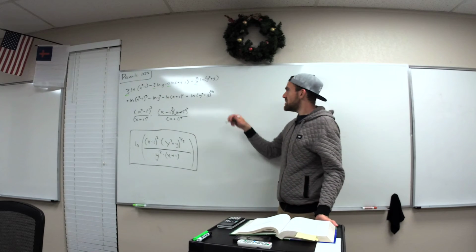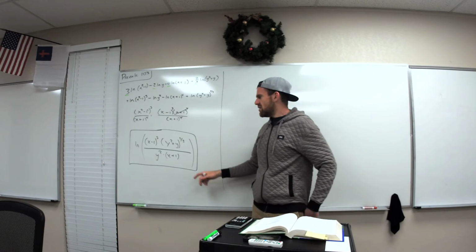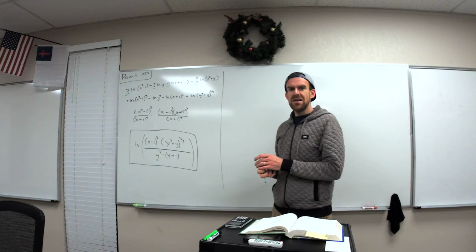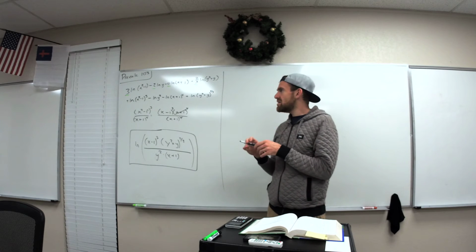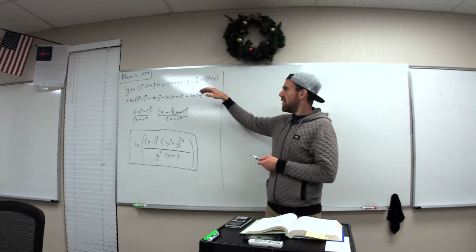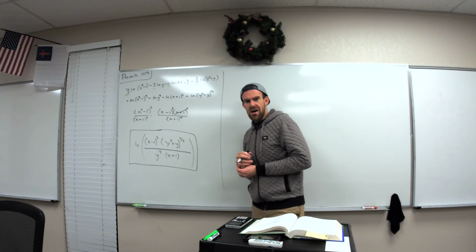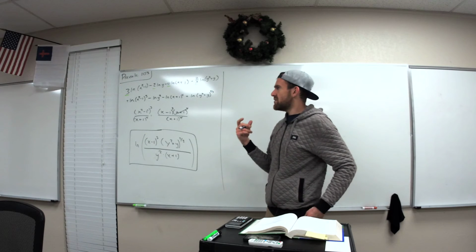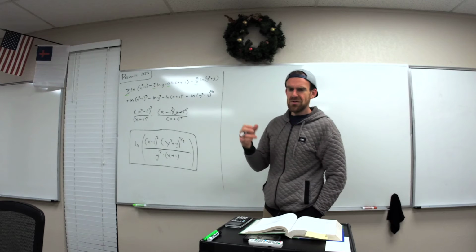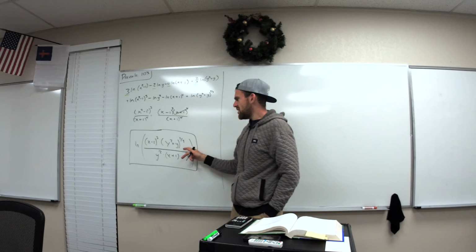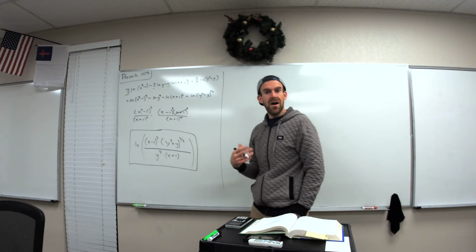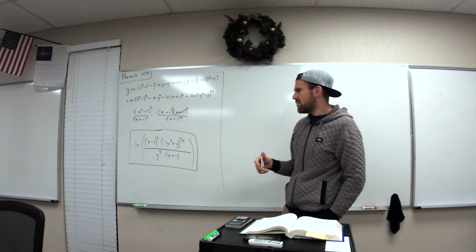Now, the opposite can be done as well. So if I wanted to undo this and combine it into logs of all linear powers, right? So it's just log of something, it's not log of something cubed or whatnot. I could do the same thing. All the ones on top are positive, all the ones on the bottom are negative.